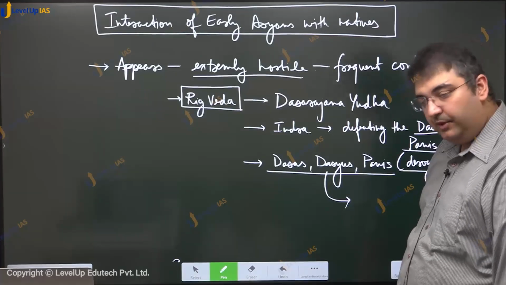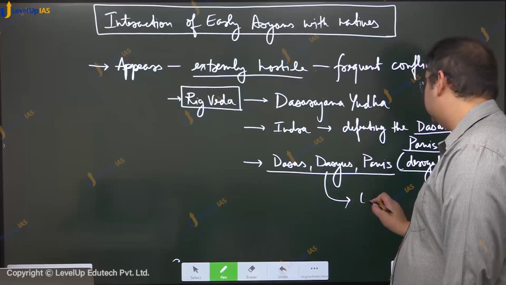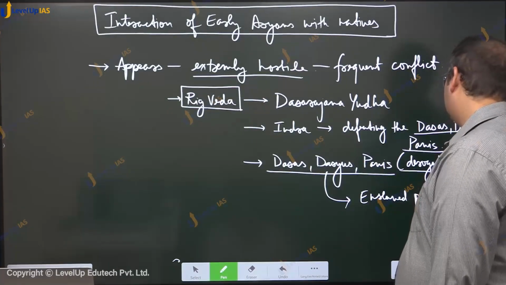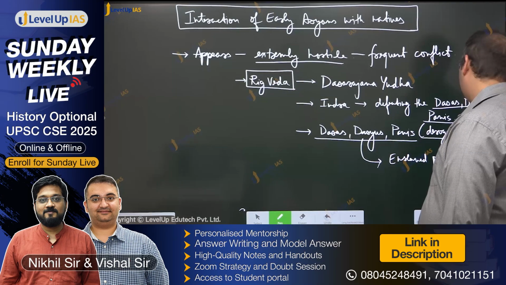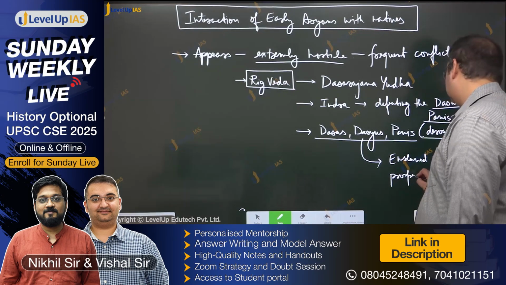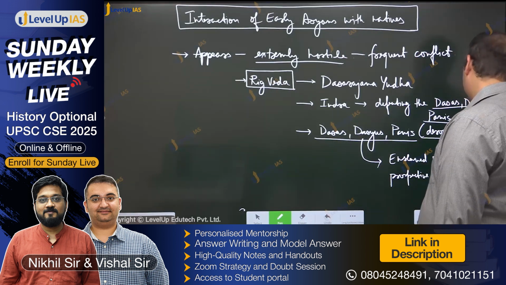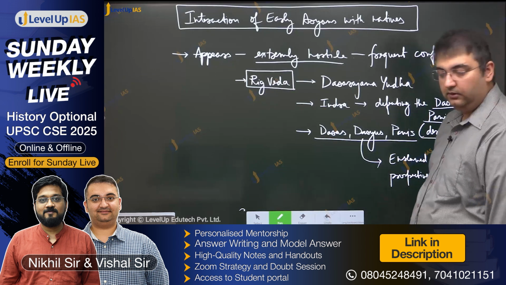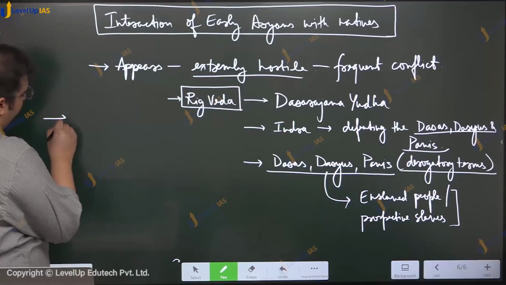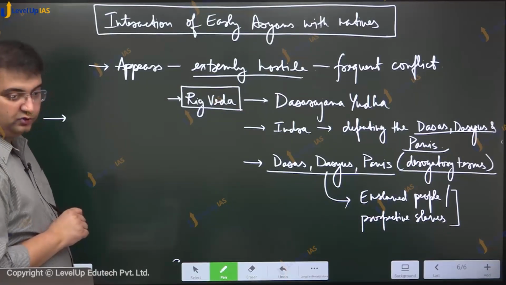The enslaved people, or people who were considered fit for enslavement. ठीक है? Then the Rig Ved also mentions a number of negative stereotypes about these groups.